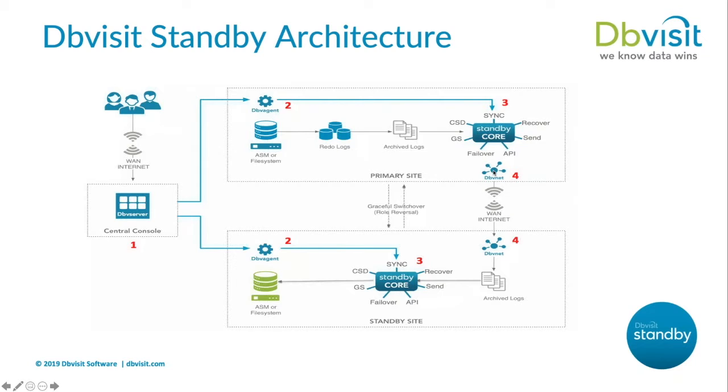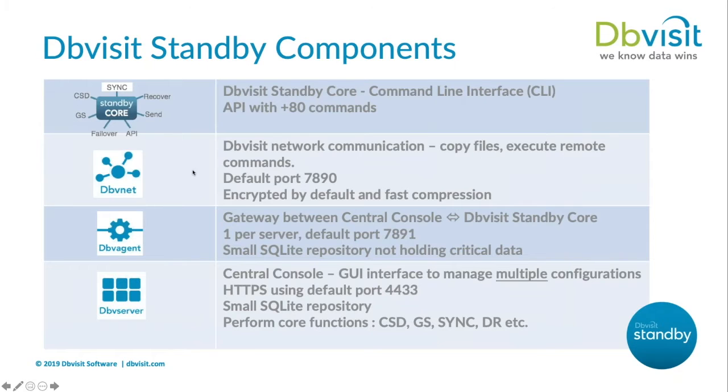And then there's another component called DBVNet, and that's our network component, which will take care of the sending and applying of the logs. So all in all, fairly easy if you look at it from a component point of view. Now I'm going to explain each of these a little bit more.